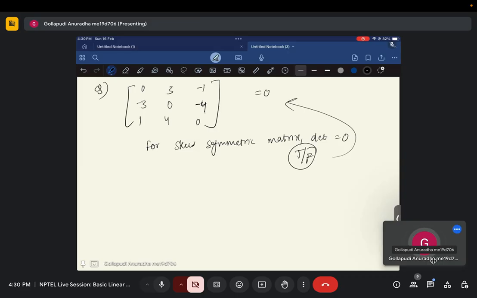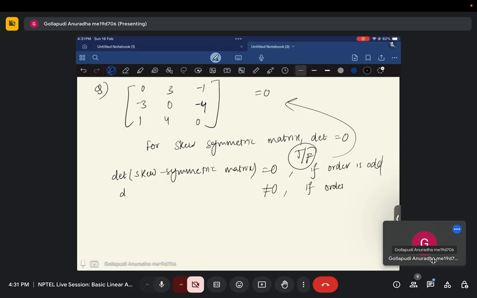So the determinant of a skew symmetric matrix is 0 if the order is odd, but it's not 0 if the order is even. So this is the skew symmetric matrix with third order, so we can directly say the determinant is 0.